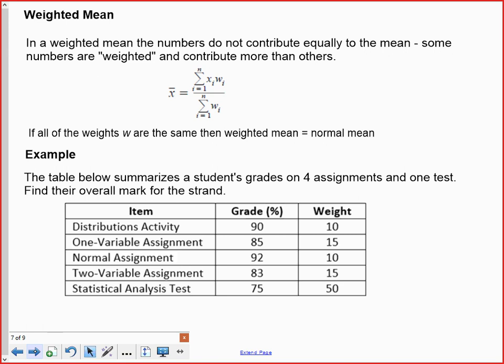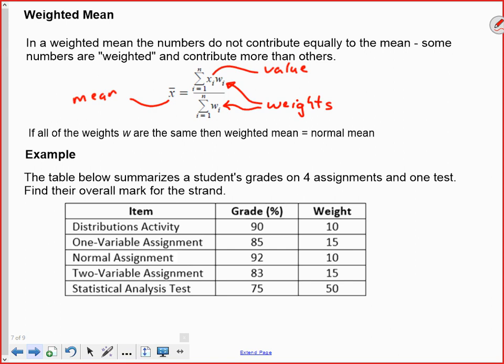Okay, so again, x bar here is our mean. X's are our individual data points, our individual values. And W here and here are the weights that we assign to each of these values.